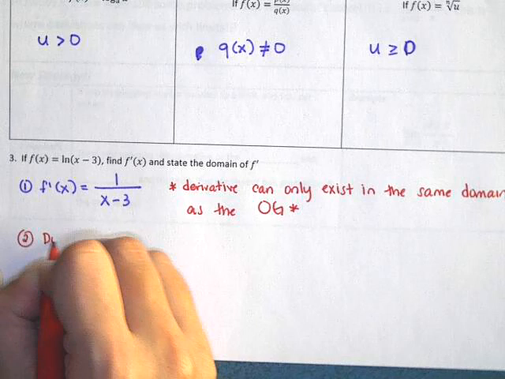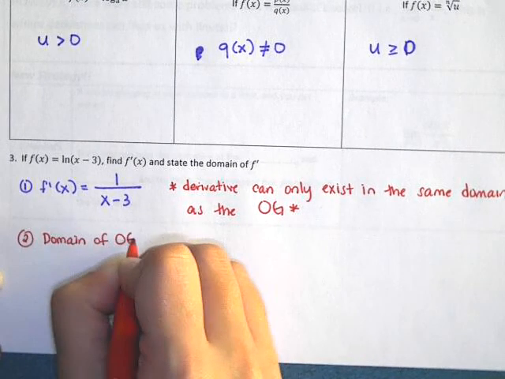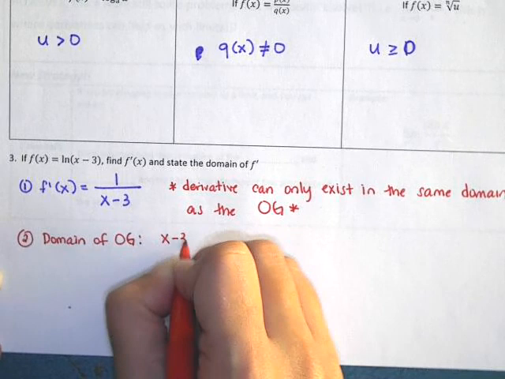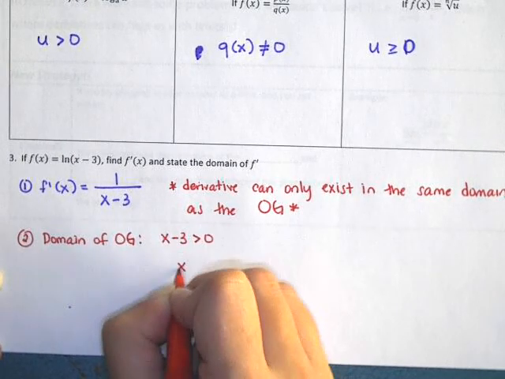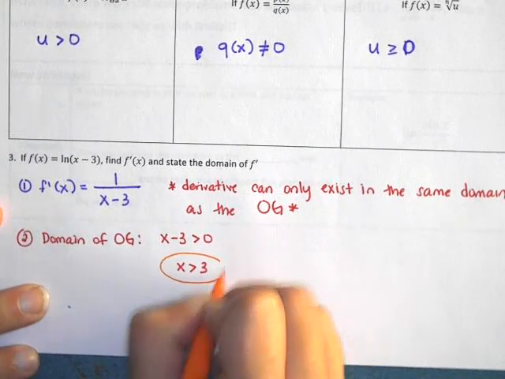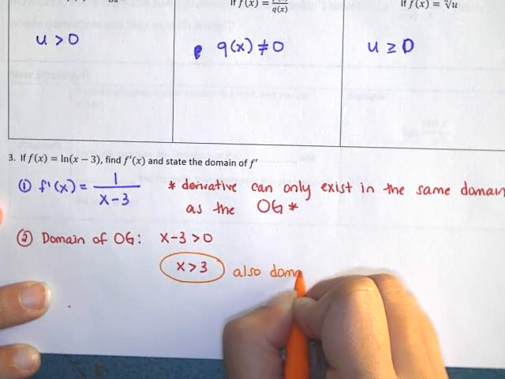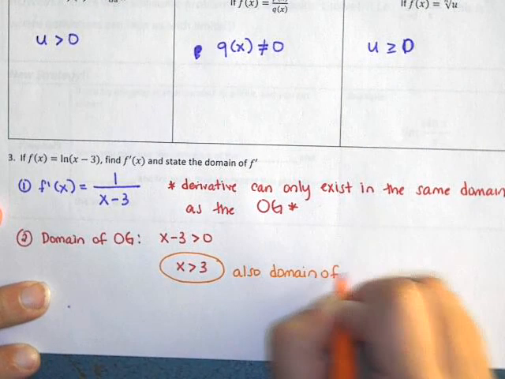The domain of the original function can be found by saying, okay, x minus 3 needs to be bigger than 0, so x needs to be bigger than 3, which means this is also the domain of the derivative.